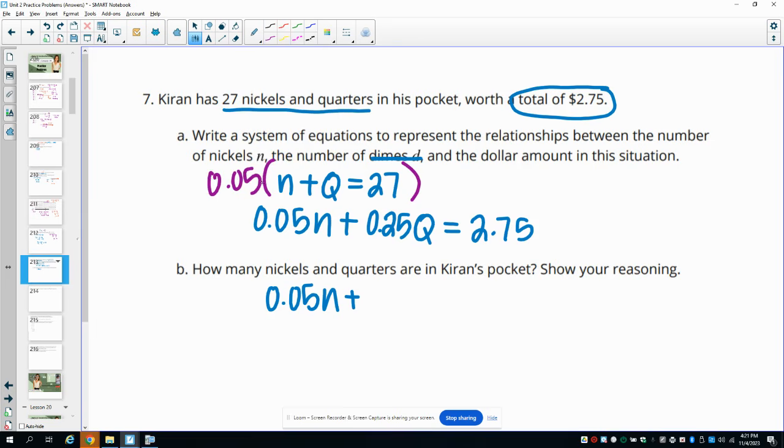So 0.05 times 1 is 0.05, and then same for the quarters. So 1 times 0.05 is 0.05. And then we'll do 27 times 0.05, and we get 1.35. So that's taking the first equation times 0.05. Then we still have our second equation.